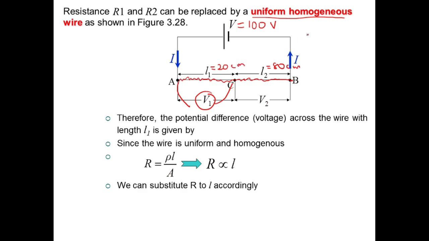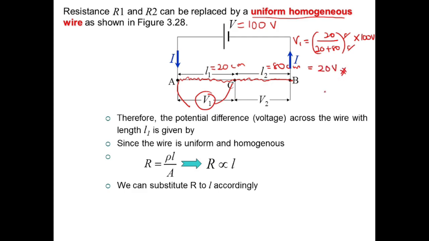So the ratio of length 20 divided by the total length, which is 20 plus 80 centimeters, centimeters cancel, multiplied by 100 volts. So V1 is equal to 20 divided by 100 multiplied by 100, so the voltage is 20 volts.